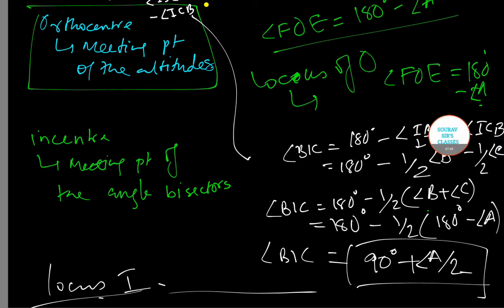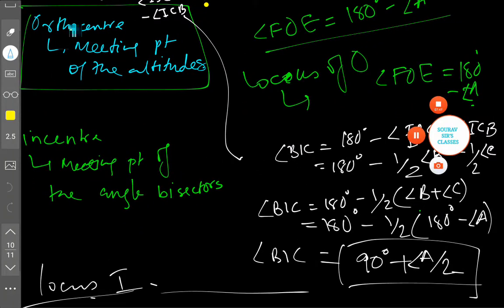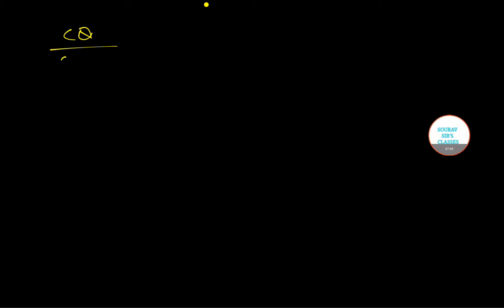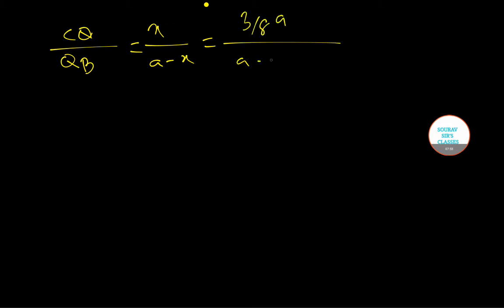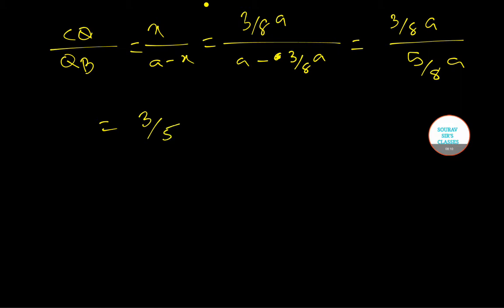Moving on to the next page, we have CQ by QB equals to x by a minus x, and x we have found out to be 3 by 8a, and this will be then a minus 3 by 8a, which is equal to 3 by 8a by 5 by 8a, and we get 3 by 5.